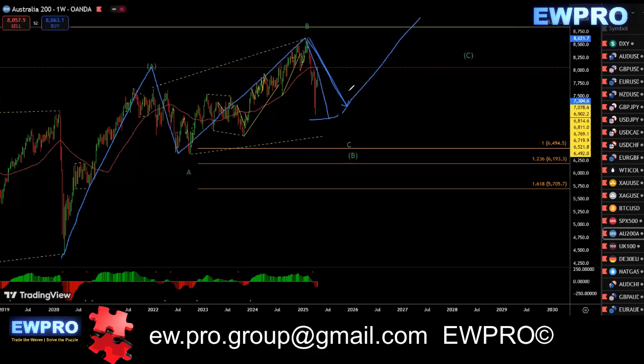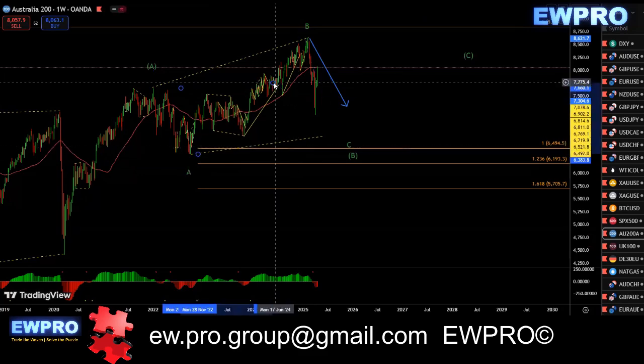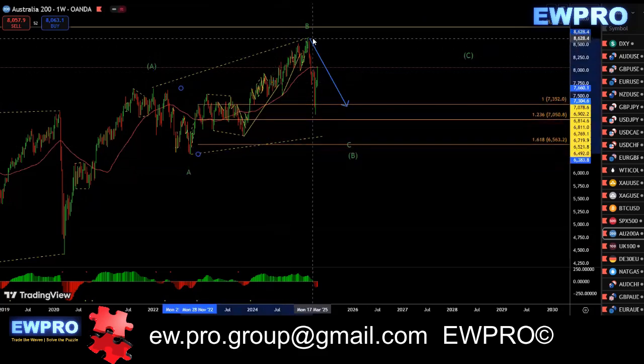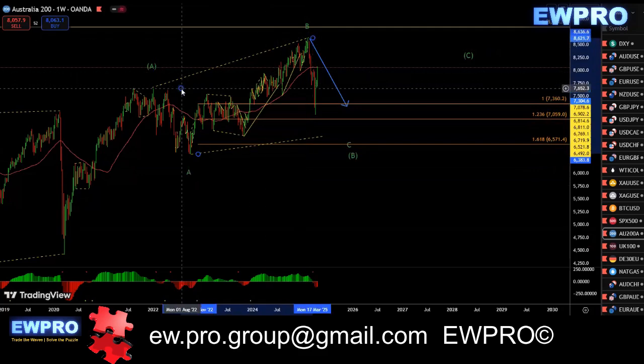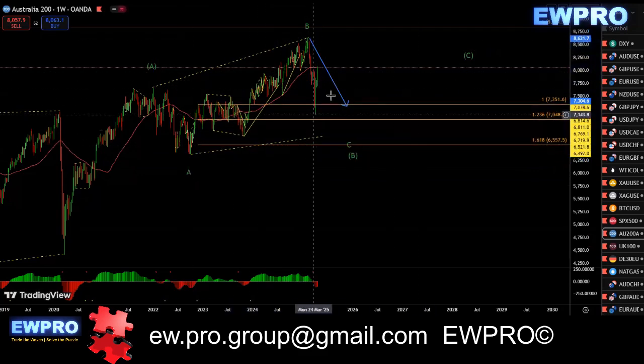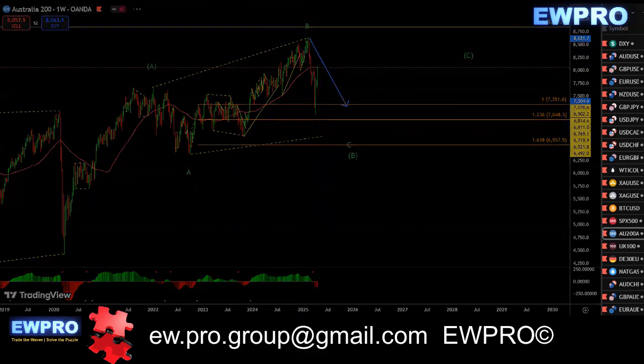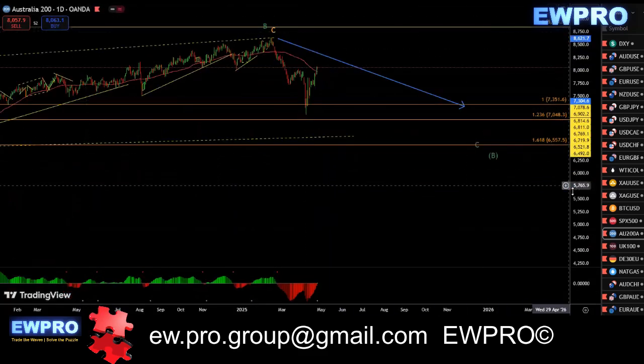So this can go up and break the top now. I was expecting a little bit more downside, but actually just need to adjust the fib. So that's fine. I'd be looking for the buy now, definitely looking for the buy.